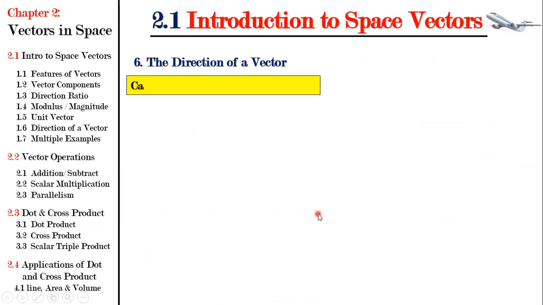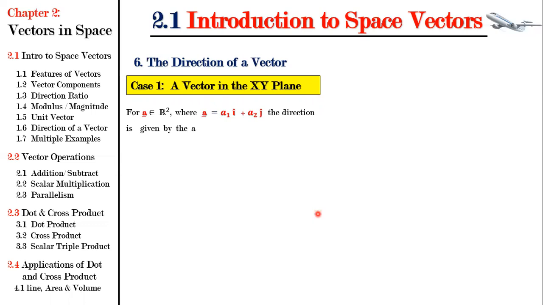Now, the direction of a vector. The direction of a vector depends on whether it is on a plane or in space. We are going to look at the first case, the direction of a vector on the XY plane. This is what you already know from Form 4 and Form 5 work, so it's the same principle. A vector on a plane, that is R squared, means plane; R cubed means space.